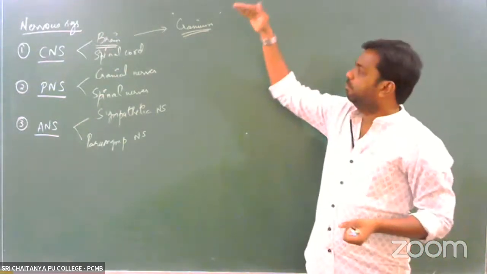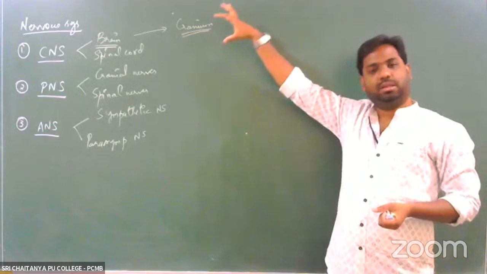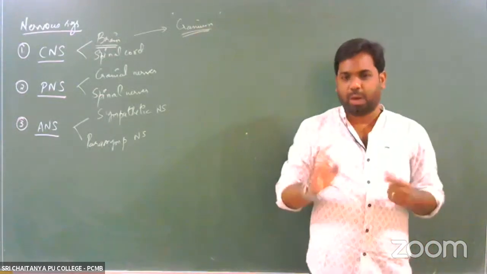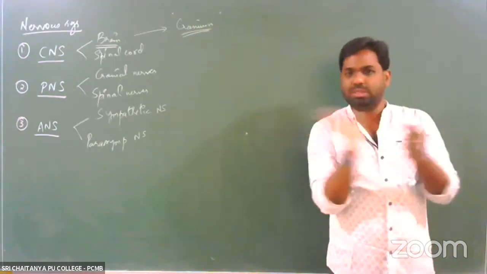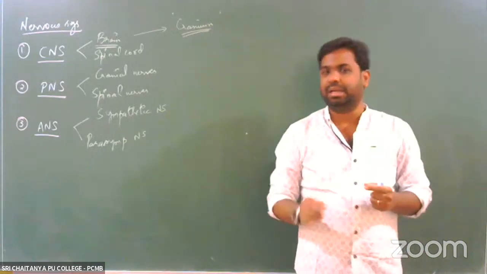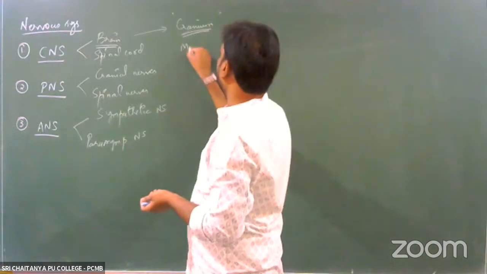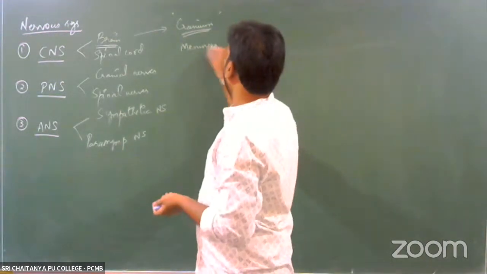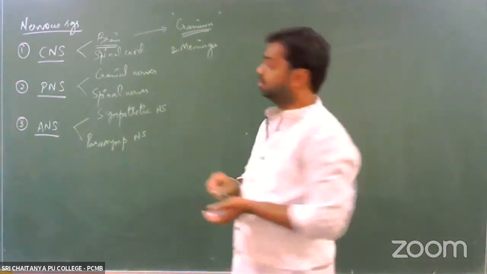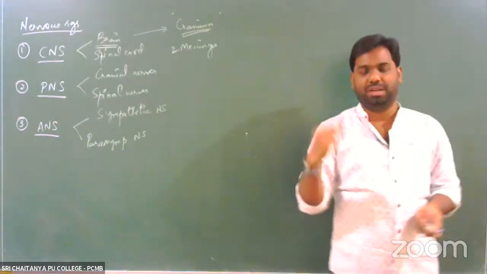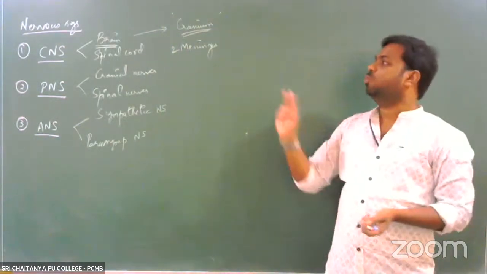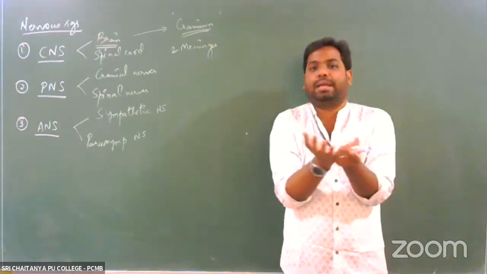Now, we said that the brain is encapsulated in this box-like structure called the cranium. Towards the inner side of the cranium, the brain is again covered by two layers, which we call meninges. In humans, we have three meninges, three layers, but in these organisms there are two meninges which cover the entire brain.